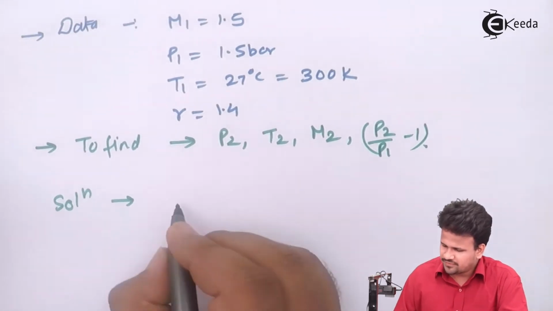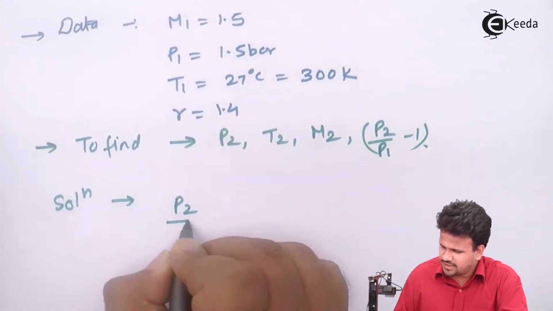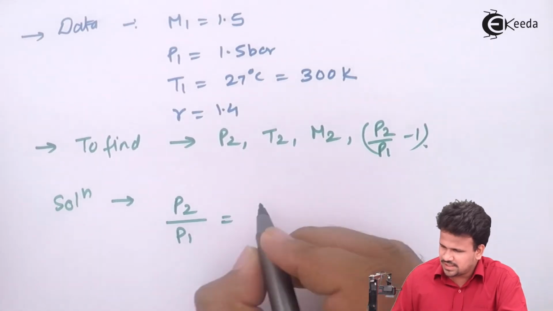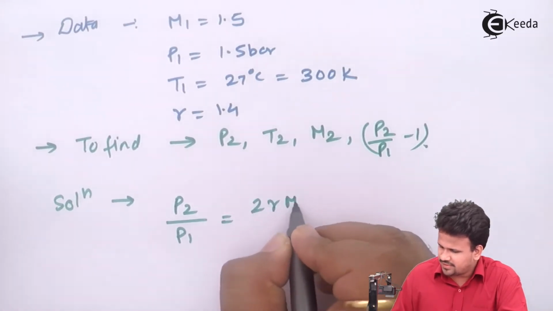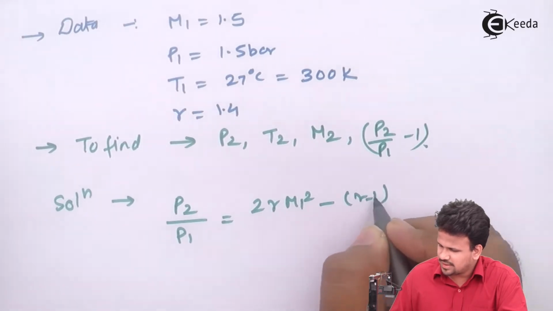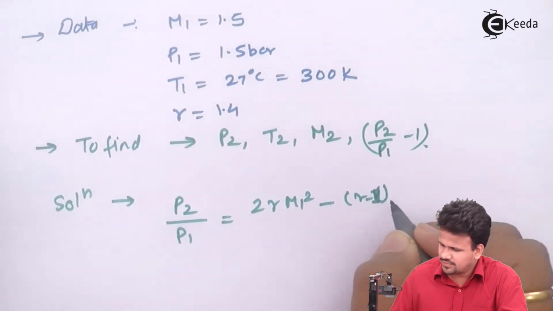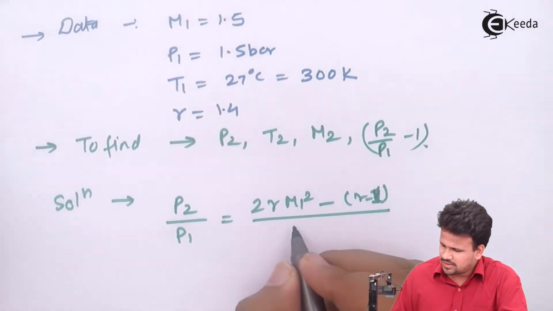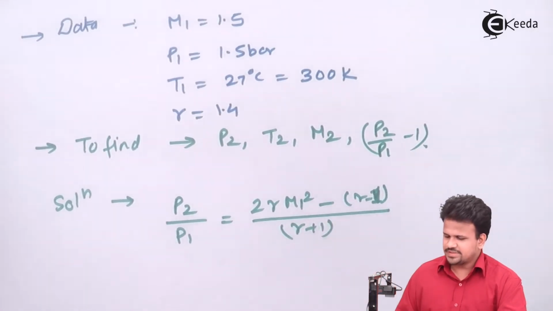We know from the previous section that P2 by P1 is equal to (2 gamma M1 square minus (gamma minus 1)) upon (gamma plus 1). So these things we have studied in the previous section. Let us substitute the values in this.